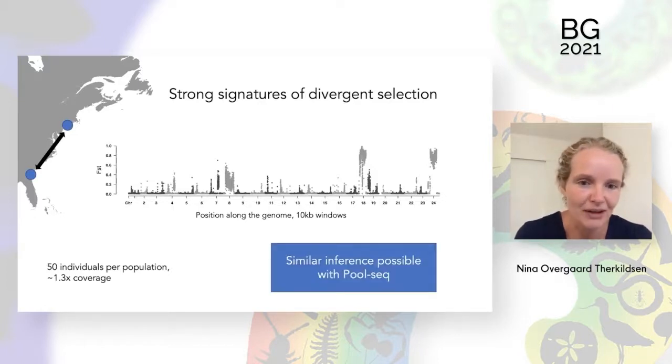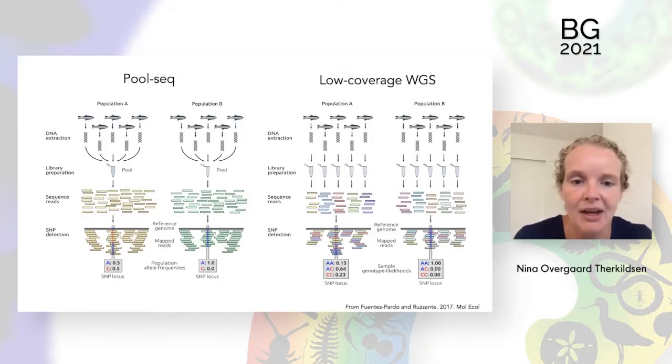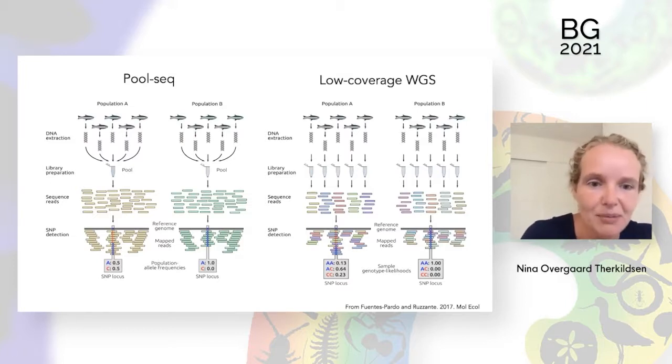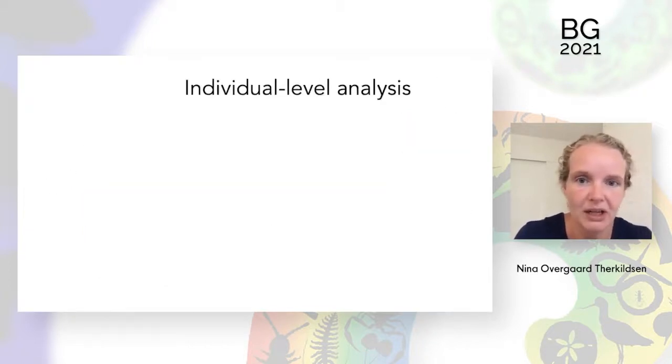So this kind of inference we could also have made with pooled sequencing, which is when we just mix the DNA from multiple individuals in an unlabeled way into a single library. But with the approach that we've been using of sequencing individually barcoded DNA from different individuals with low coverage, we are able to recover some really valuable individual information that would be completely lost with a pooled sequencing approach.